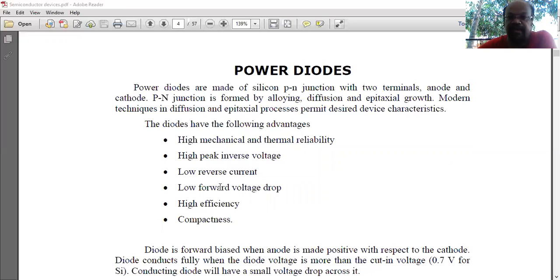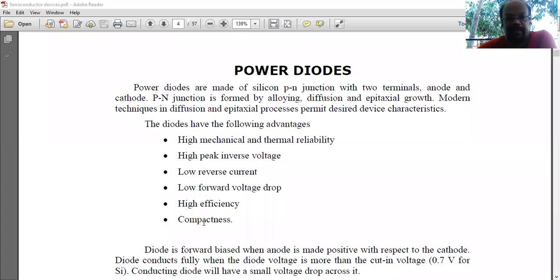And when it is conducting, acting as a switch, there is a very small forward voltage drop only. Because of the low reverse current and low forward voltage drop, automatically the losses are very less and efficiency is high, that is a very important assurance.